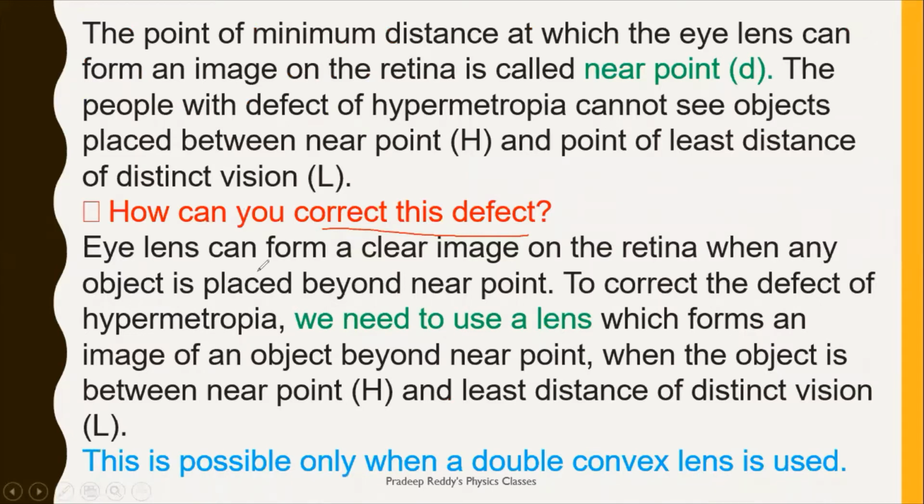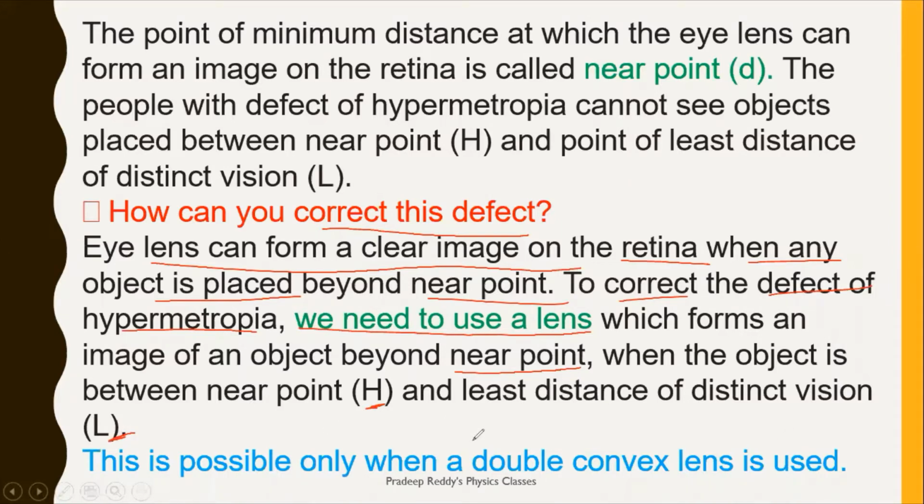So the eye lens can form a clear image on the retina when any object is placed beyond the near point. So beyond the near point, if you are placing any object, then the eye lens will be forming a clear image. So to correct the defect of hypermetropia, we need to use a lens which forms an image of an object beyond the near point, when the object is between the near point and the least distance of distinct vision.